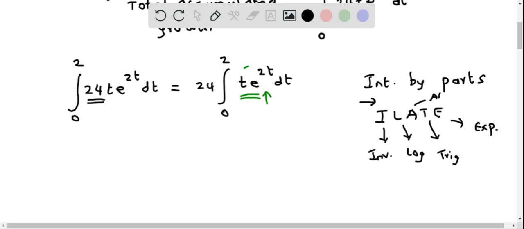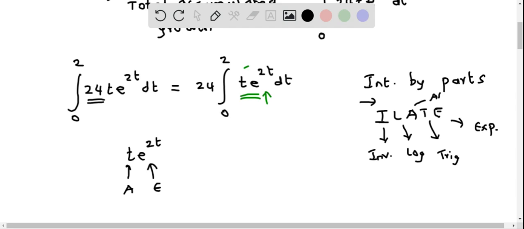That is, we have to look from left to right at this order. So first we have the inverse function, so we have to look out for any inverse function. We don't have any inverse function in this expression t e power 2t, because t is an algebraic function, and e raised to the power of 2t is an exponential function.